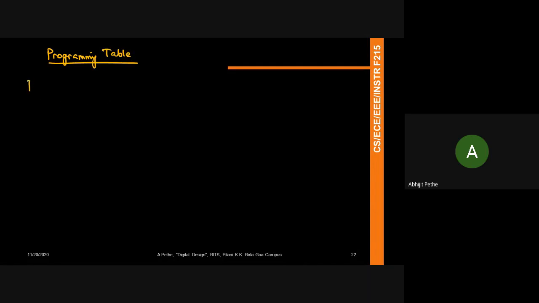Look at the product terms and inputs, which are A, B, C, D. Let's call the last one F2.